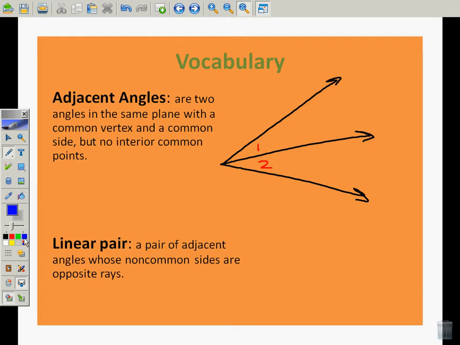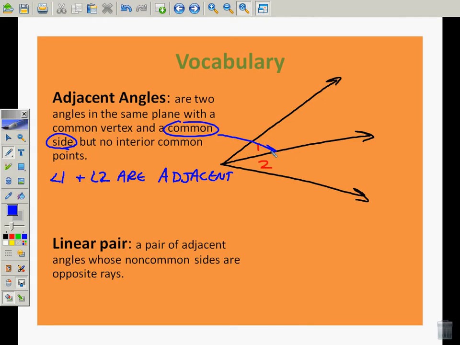So angle 1 and angle 2 are adjacent to one another. Notice, they're next to one another, but they don't overlap. They share this common side, okay? Common side, but they don't necessarily have any common interior points.